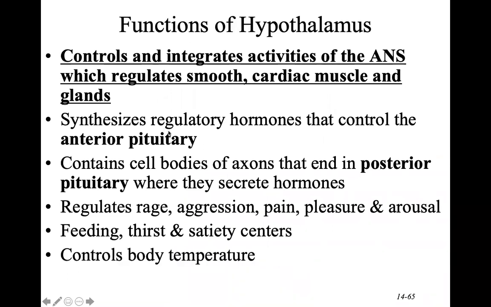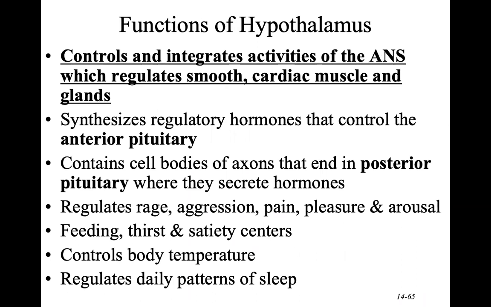It is involved in integrating and controlling the ANS. Well, what is the ANS? The ANS is the autonomic neural system. What is the autonomic neural system? Sympathetics, parasympathetics. Sympathetics, fight or flight response, thoracolumbar outflow or output.